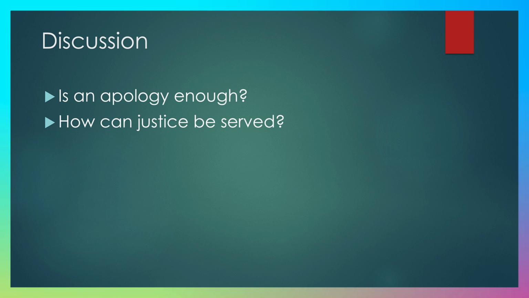So is that kind of apology enough? If the Japanese government makes this very official apology, admitting their wrongdoings, do you think justice is served? But if that is not enough, how can justice be served?